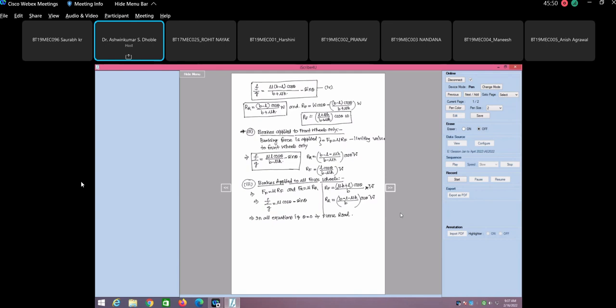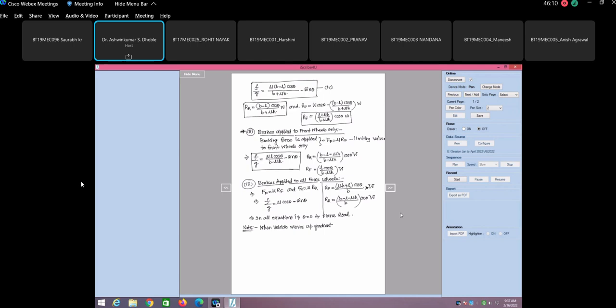Please note that here all these equations are also applicable when vehicle moves up gradient.